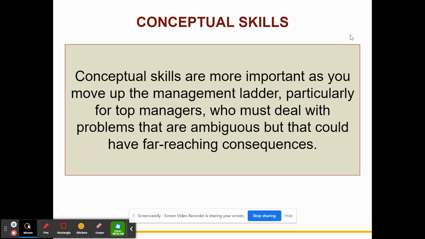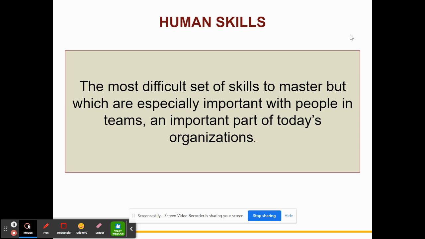So the ability to look at financial information and then say, hey, maybe we can expand our company now, or maybe we can find weaker competition that we can go take over in another part of the state or another state in general, right? So these conceptual skills, these ambiguous problems that are faced, are more the role of top management.